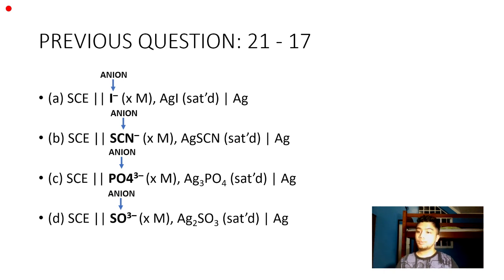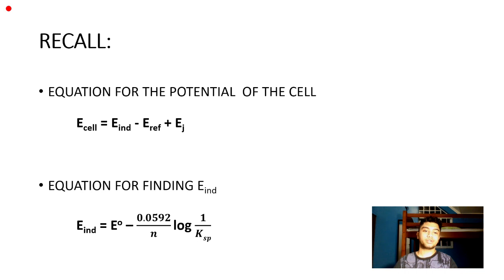What we need to recall is the equation for the potential of the cell, which is E cell equals E indicator minus E reference plus E junction. For the E junction, we assume in this problem that the E junction is equal to 0, so we don't mind that.